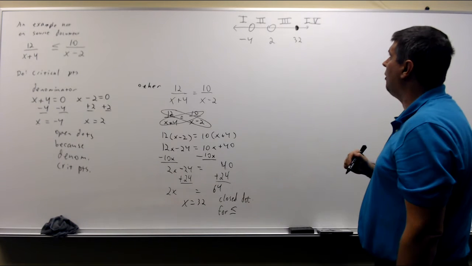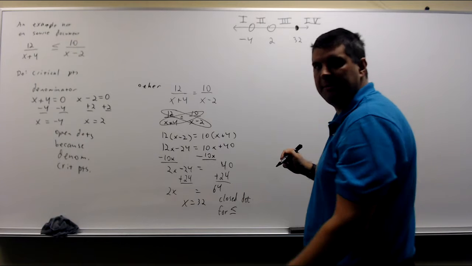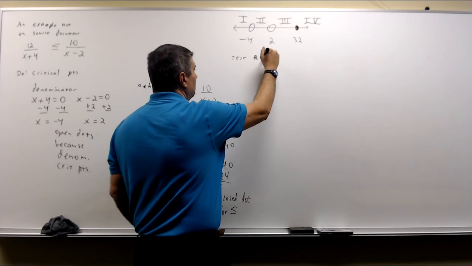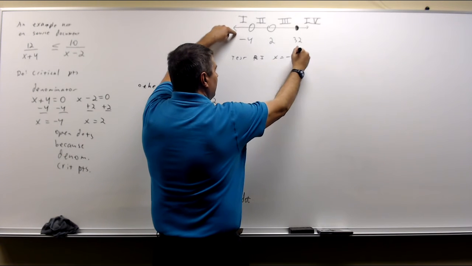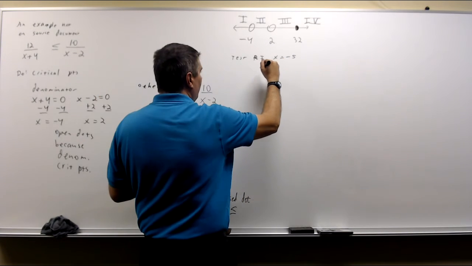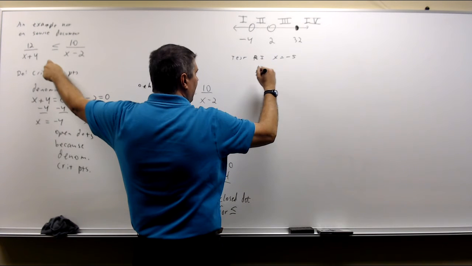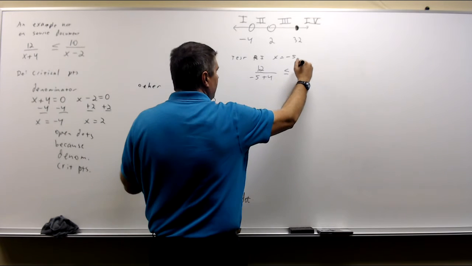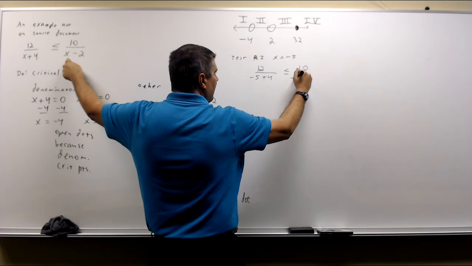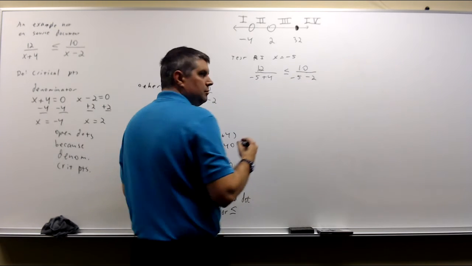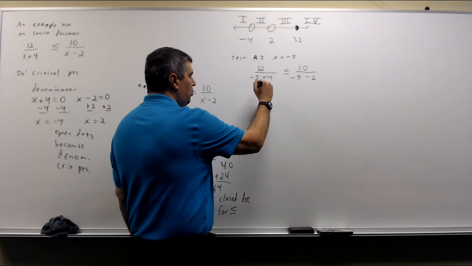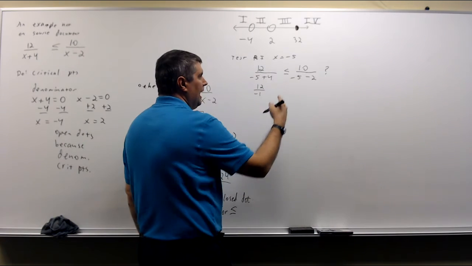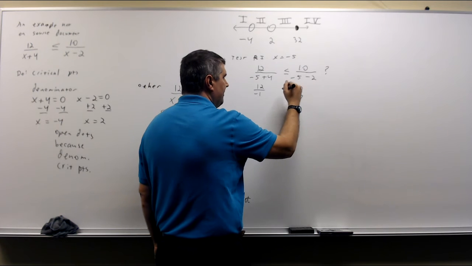Okay, so it's time to test. Test region 1. I'll let x equal negative 5. So I have 12 over negative 5 plus 4. I want to know if it's less than or equal to 10 over negative 5 minus 2. So that's going to be 12 over negative 1. By the way, that's a question mark, we don't know that. That's going to be 10 over negative 7.